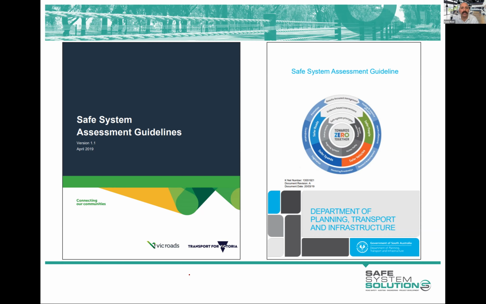So Victoria has done that, South Australia has done that, and Queensland's got some bits and pieces going on in the background, not a public-facing formal document, but the Safer Roads team in TMR has some different spreadsheets, some templates, and a few other things. So if you're in Queensland and you're doing safe system assessment, it's worth talking to them, or actually you can just talk to Max or myself and get that information. But it's probably worth having a chat with them just to make sure you're on to the latest. Although we do that, we try and make sure we know what they're up to.